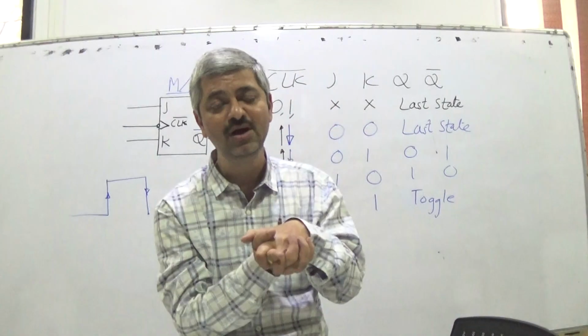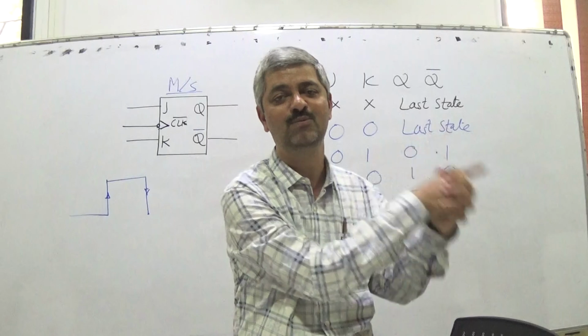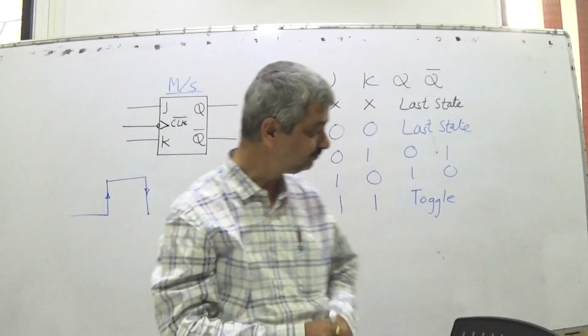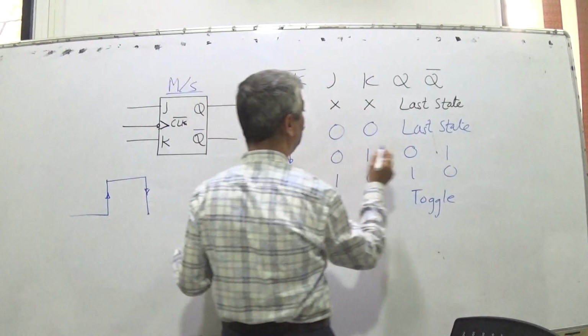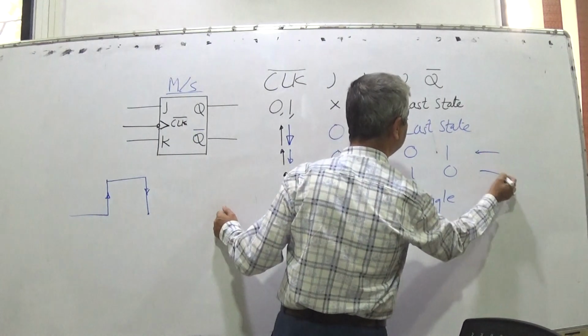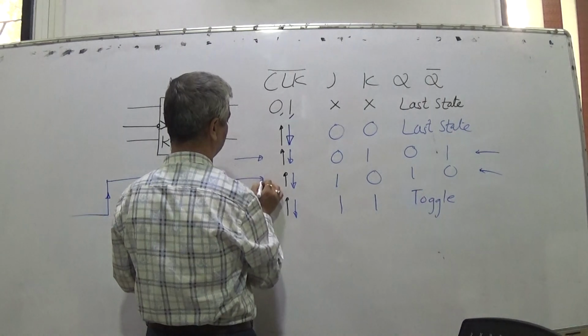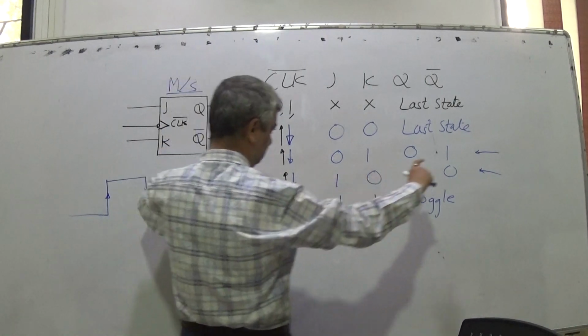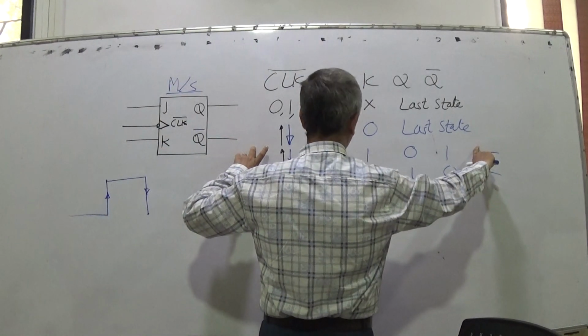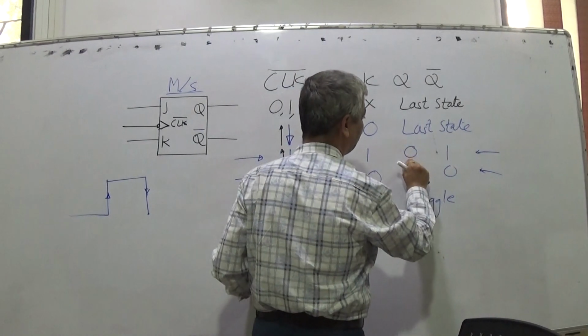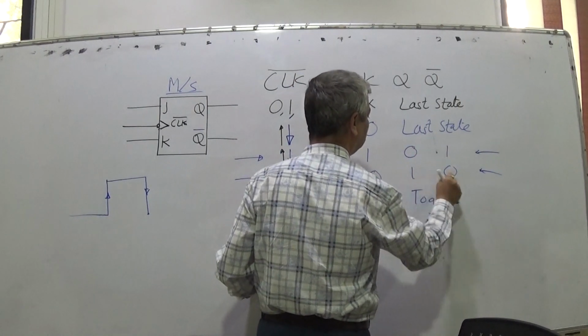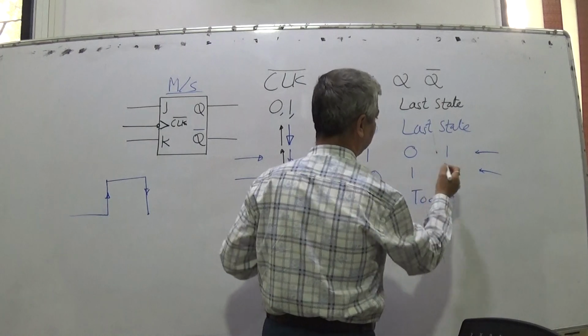When inputs are 1, 0, outputs are 1, 0 irrespective of last state. So in these two combinations, it is acting just like a combinational circuit. Means in these two cases, output is fixed and not depending on last state.